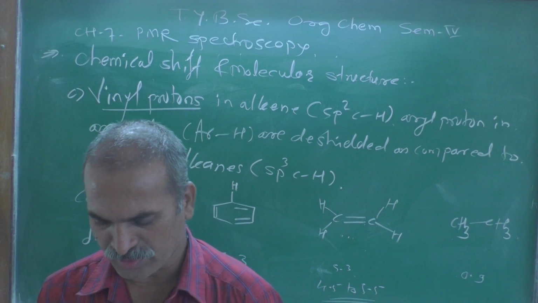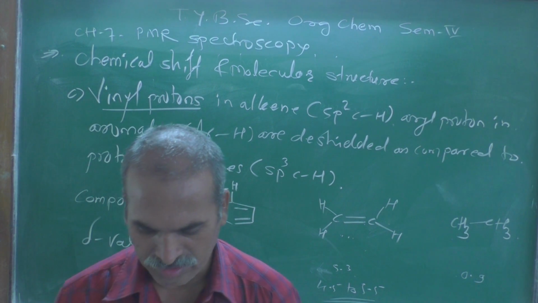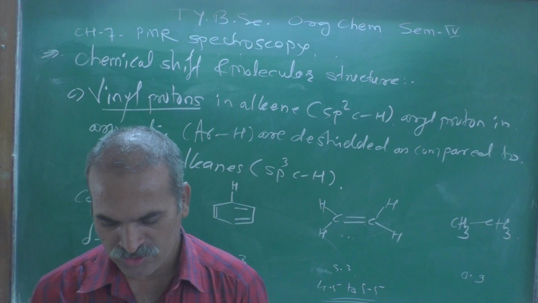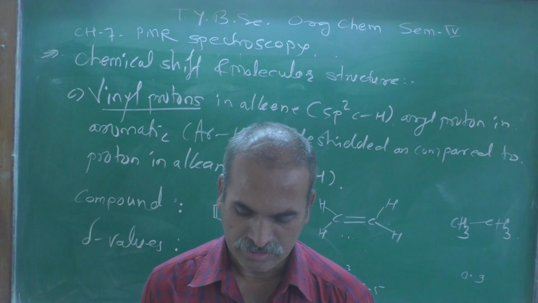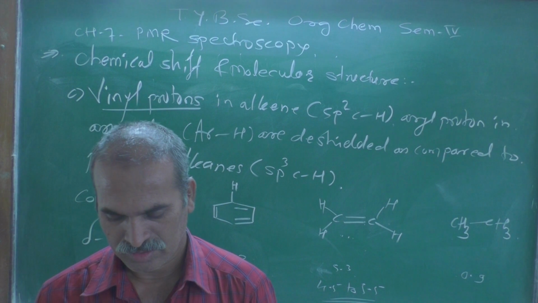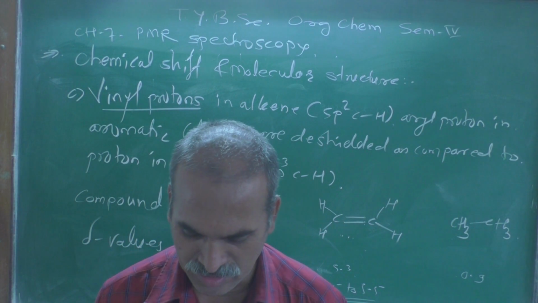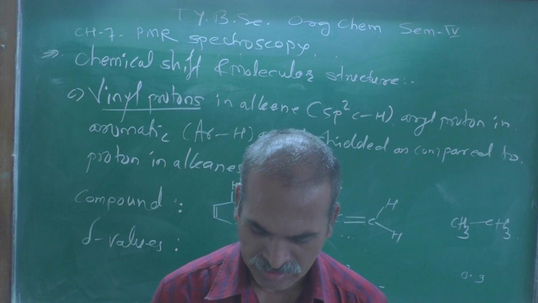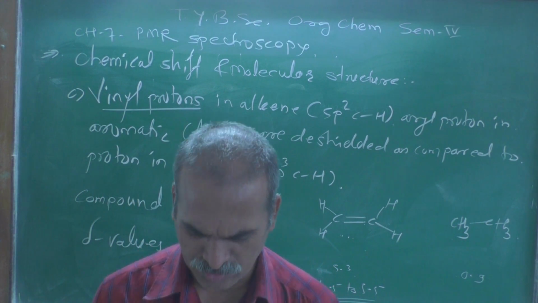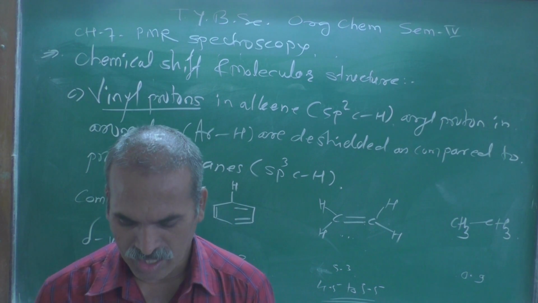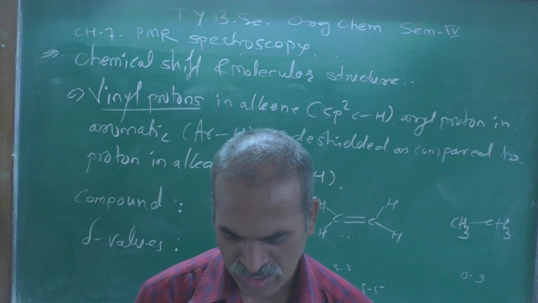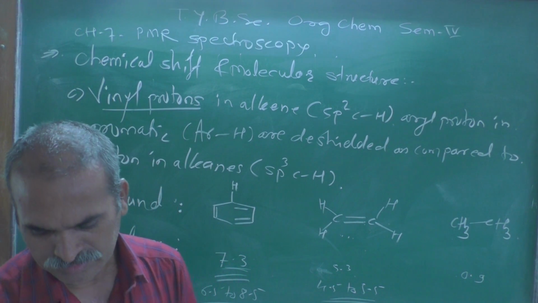The sp3 C-H protons in alkanes are therefore shielded and have low delta values. In the case of protons attached to sp2 carbons, alkenes and aromatic compounds, the induced magnetic field is in the same direction as that of the applied magnetic field in the region of this proton, and therefore protons attached to sp2 carbon absorb at lower magnetic field than those attached to sp3 carbon.